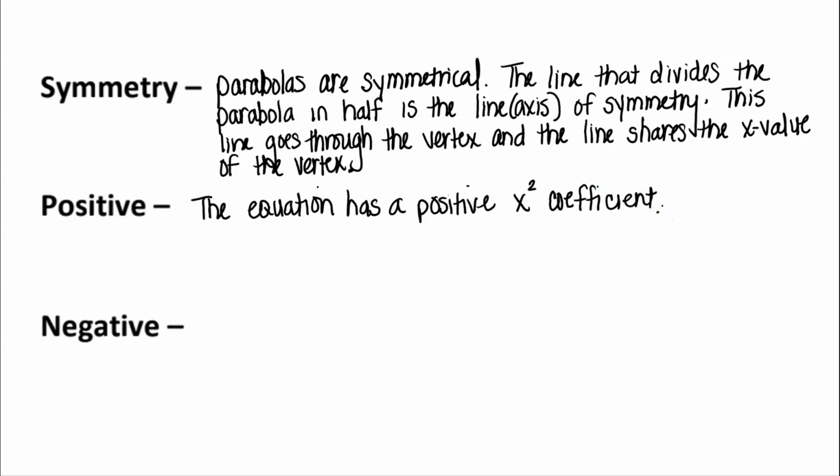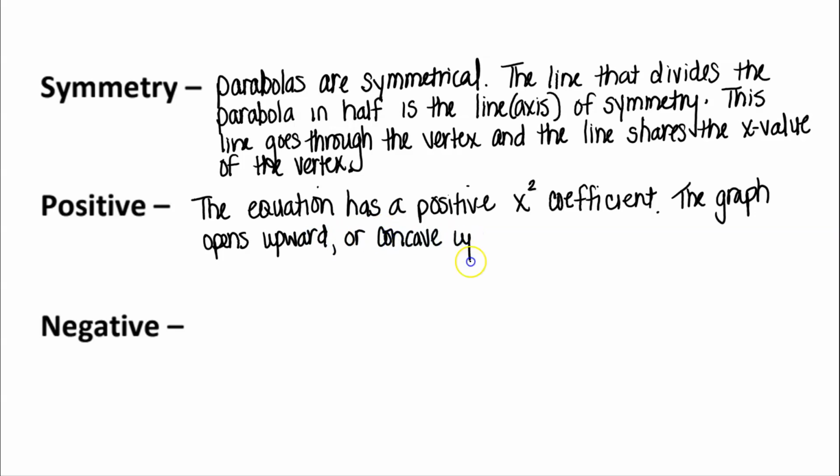When it's positive, the graph opens upward, or concave up. So an example would be y equals 2x squared. The 2 in front of the x squared is positive, which means the equation is positive and is going to open upward or concave up.